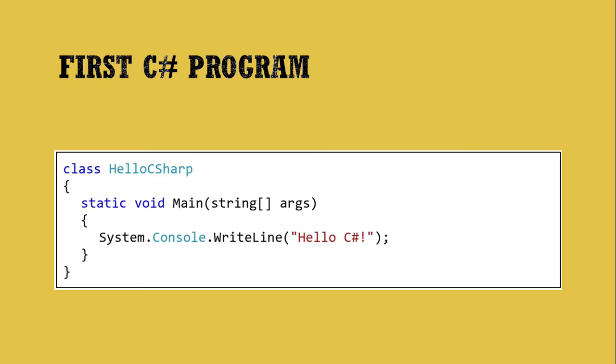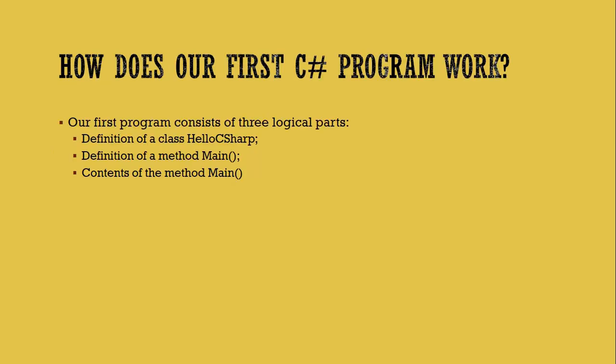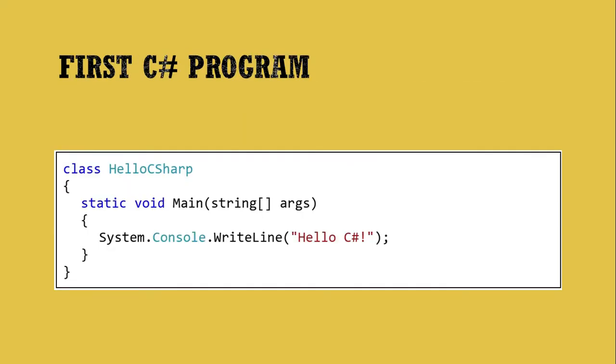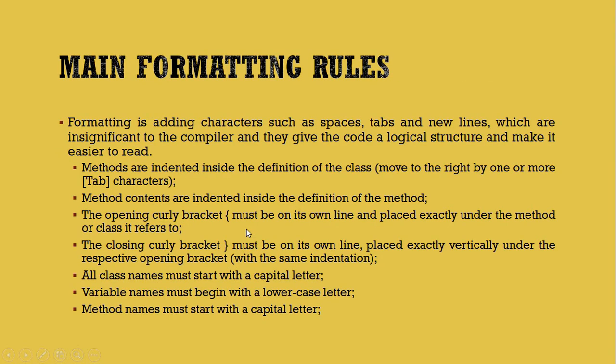You see, M is capital, so you have to capitalize the first letter of classes and methods. For variables, actually we don't have variables. Yeah, we have a variable here, args. You see, A is small, so names of variables should start with lowercase letters. So these are some of the rules to format your source code.